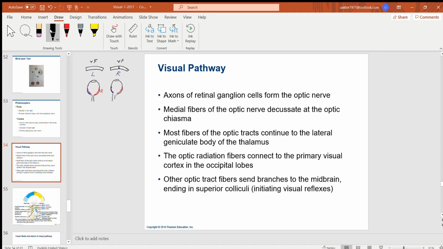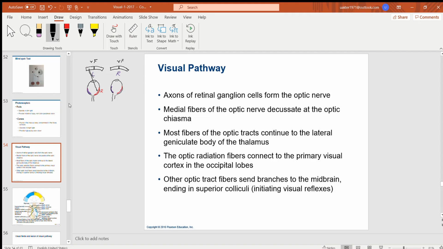Okay, left visual field. Now from this left side of your left visual field, the light will go to the right hemiretina of your left eye.